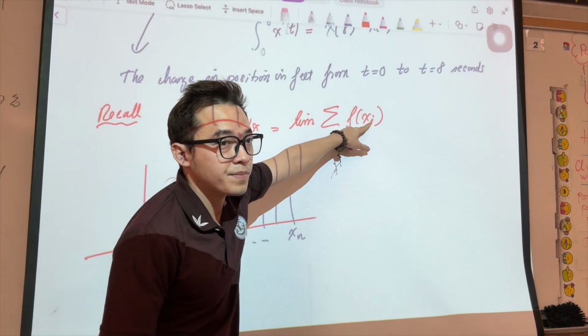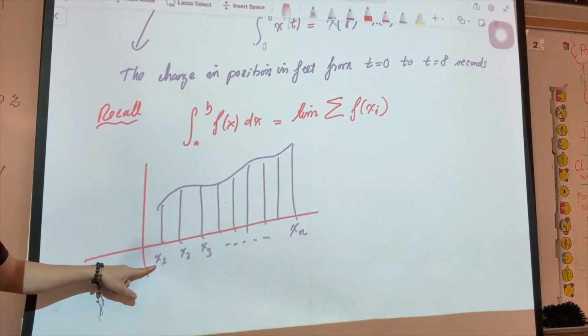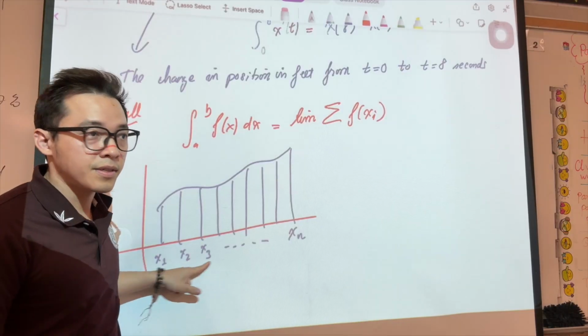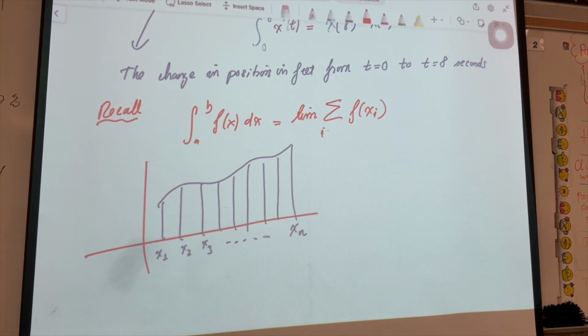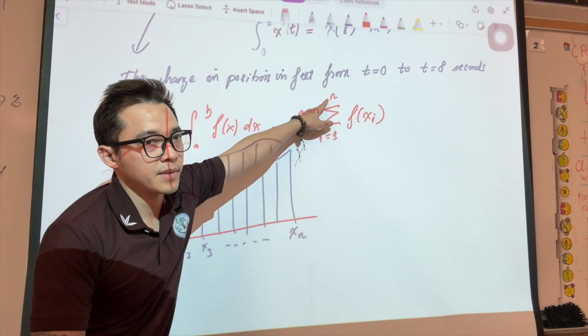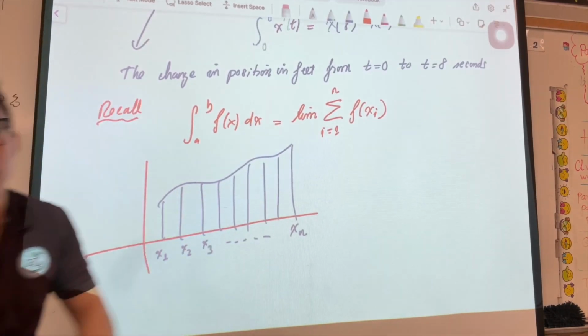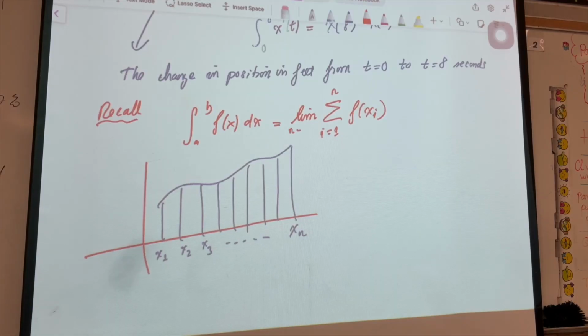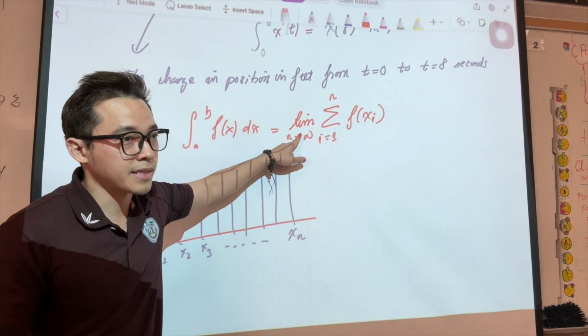I go from 1 to n, right? Where is n going though? The limit. So n goes to infinity. Good. Because we're taking a limit.